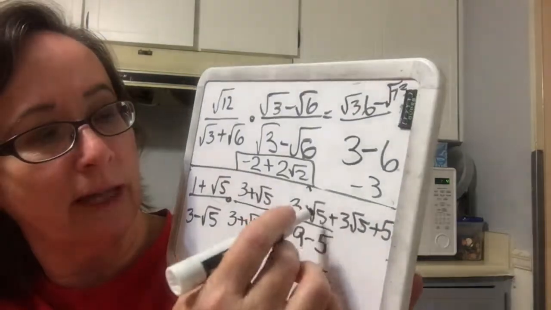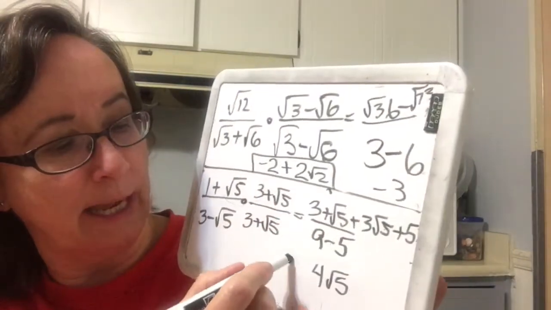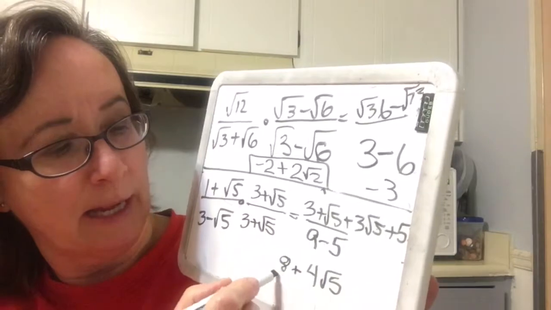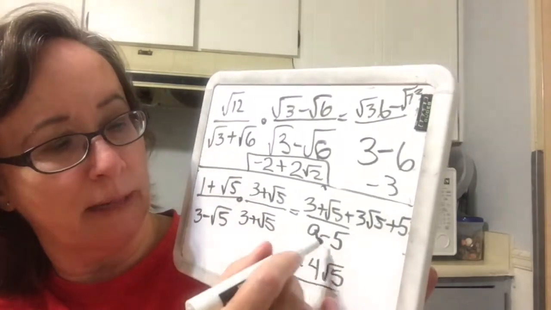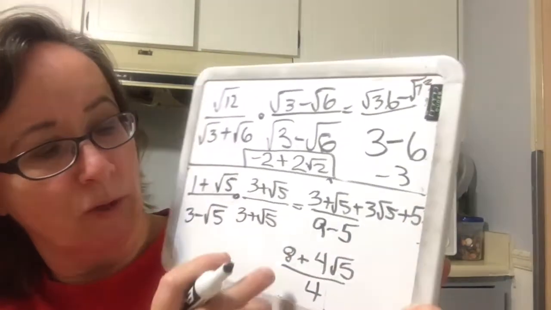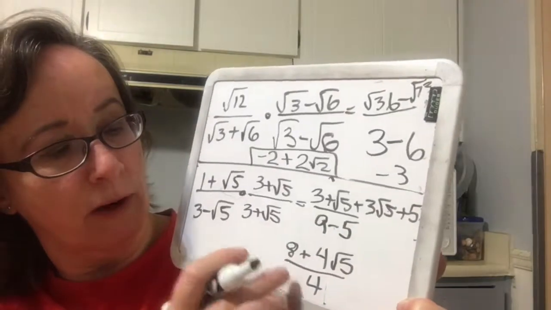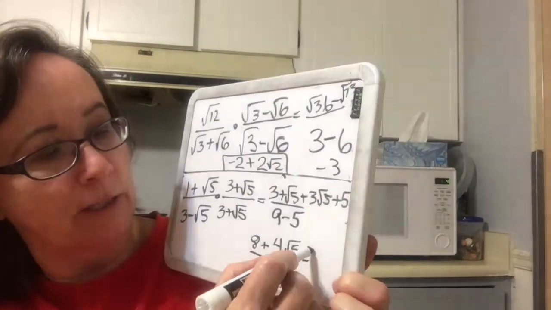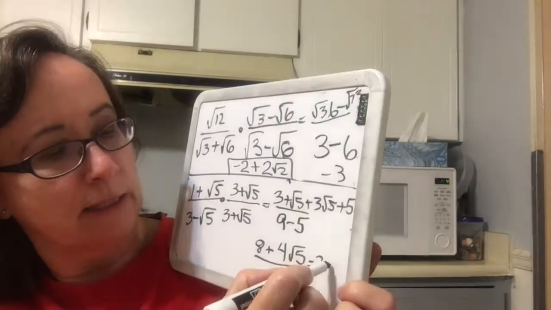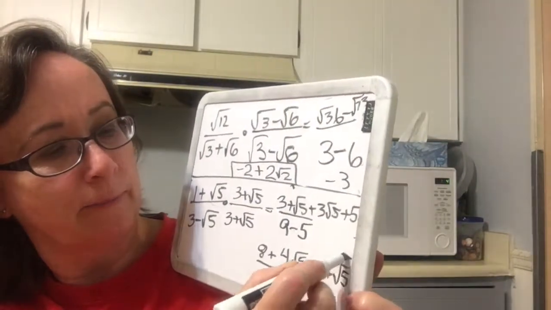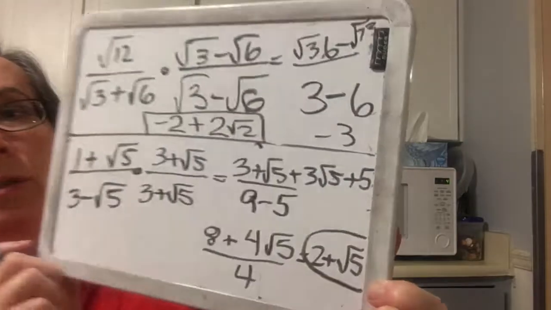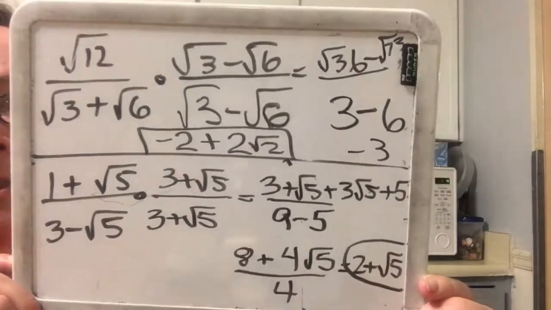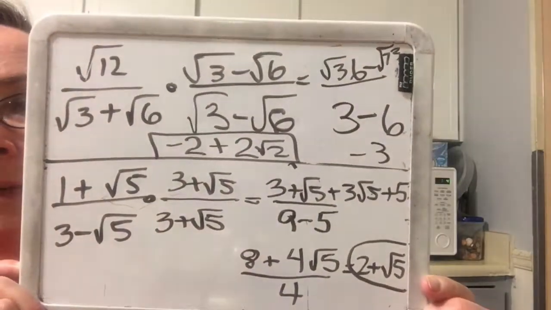When I add my 3 and 5, I get an 8. And then I'm dividing by a 4, since 9 minus 5 is 4. So won't my 4 divide into my 8 and divide into my 4, leaving me with 2 plus the square root of 5? And 2 plus the square root of 5 should be the answer for the last one.